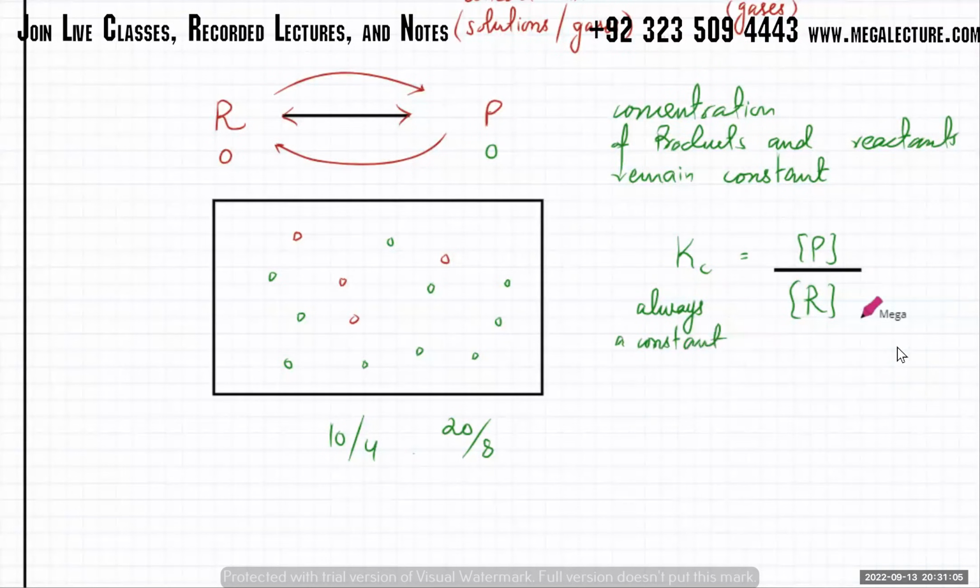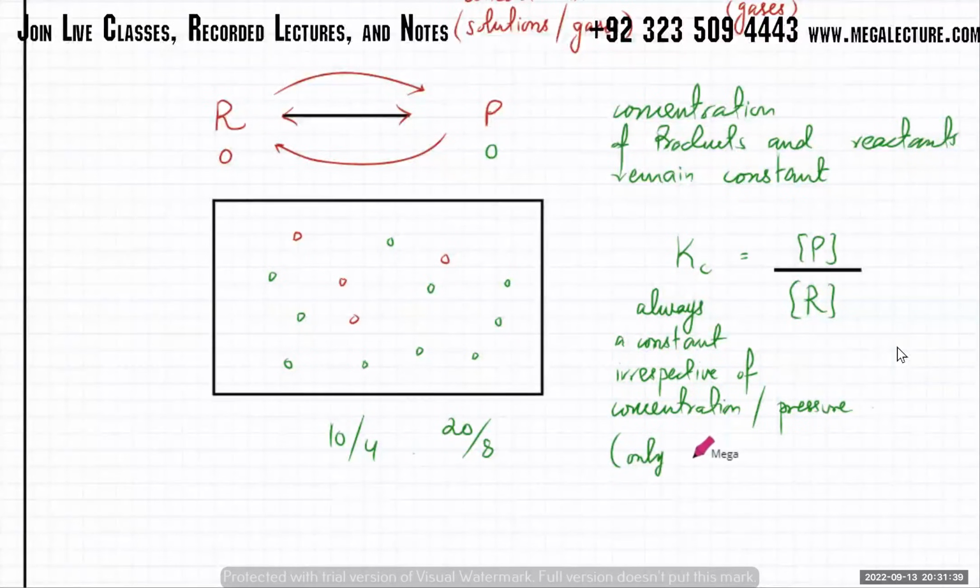Okay, Kc is always a constant, no matter what concentrations and pressures you use. You keep changing those and nothing happens to Kc, the ratio maintains. It is only affected by temperature.